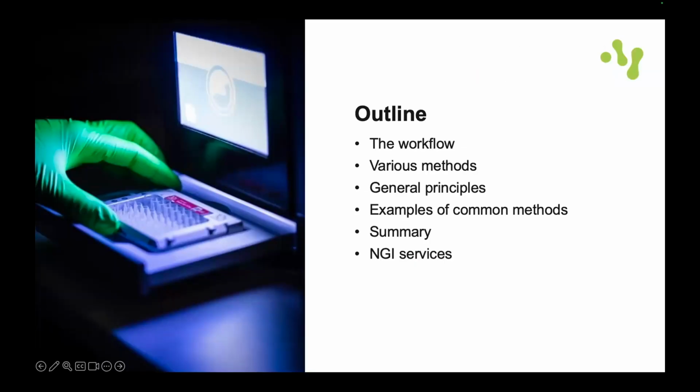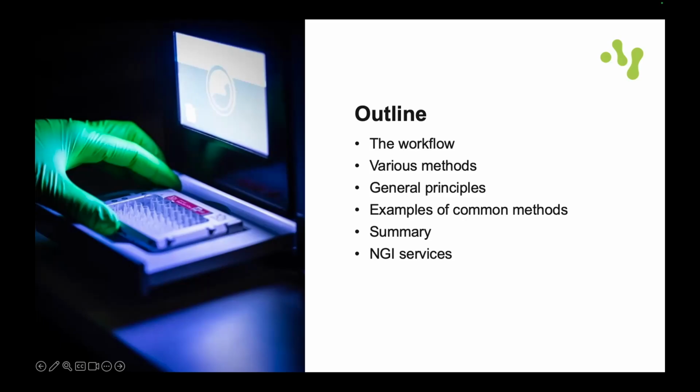Briefly, I will talk about the workflow of having a single cell sequencing project and the methods, how you choose methods, but also how your data will look different based on the method you choose. Some general principles that are used.